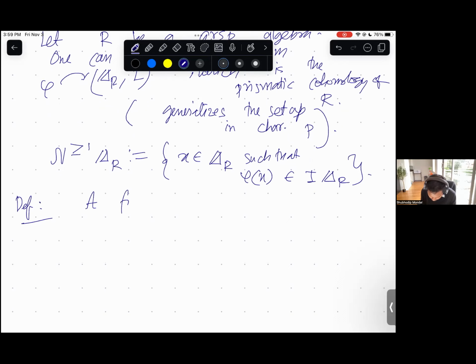Definition of a filtered prismatic Dieudonné module.